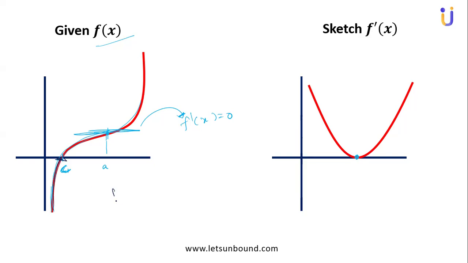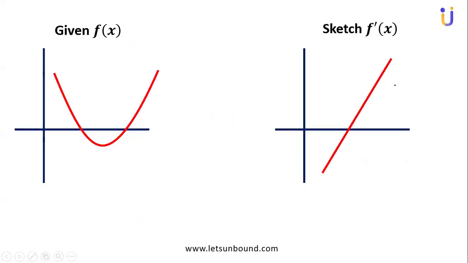So your f of x is negative means your f dash of x replicates something like this. And if it's increasing like this, the graph of f dash of x will be above the x-axis and increasing, right? Now this is your f of x, and it has f of x is 0, and this has a horizontal tangent here.